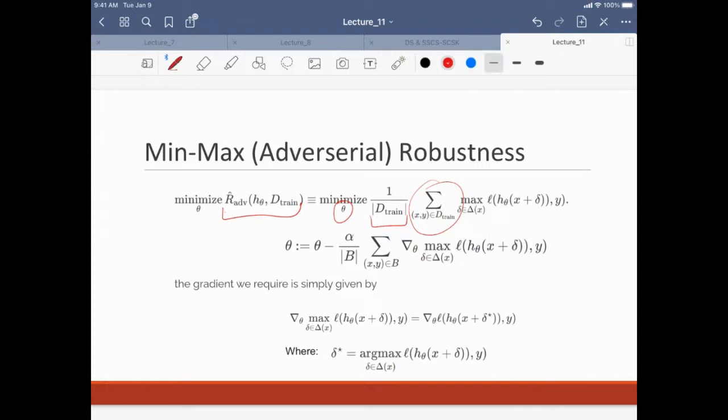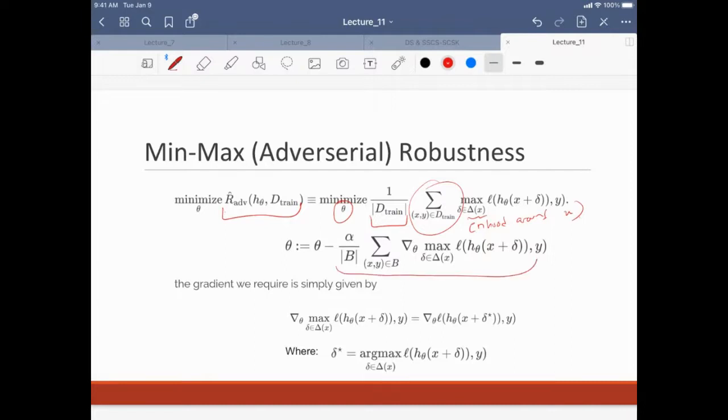Again, your delta x is some neighborhood around x. As long as you can define your neighborhood, you can still optimize this. How do you optimize this? You need to do gradient descent.